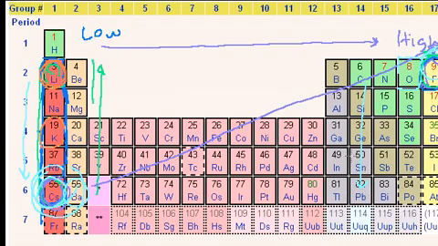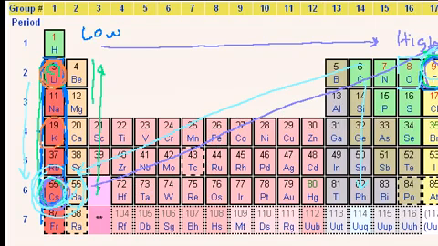So your metallic nature will increase as you go down, and your metallic nature will increase as you go to the left. Because when you only have a couple of electrons in your outermost shell, you want to give them away. So metallic nature goes in the opposite direction, but for the same reason. These guys love to hog electrons. These guys love to give them away. So ionization energy increased to the top right. Electronegativity increased to the top right. Metallic nature increased to the bottom left.